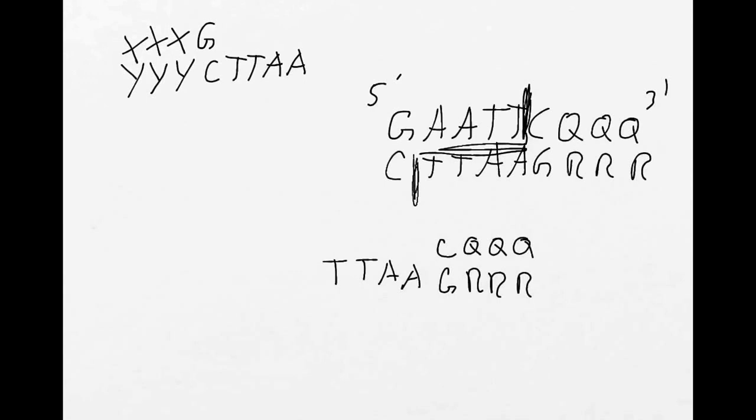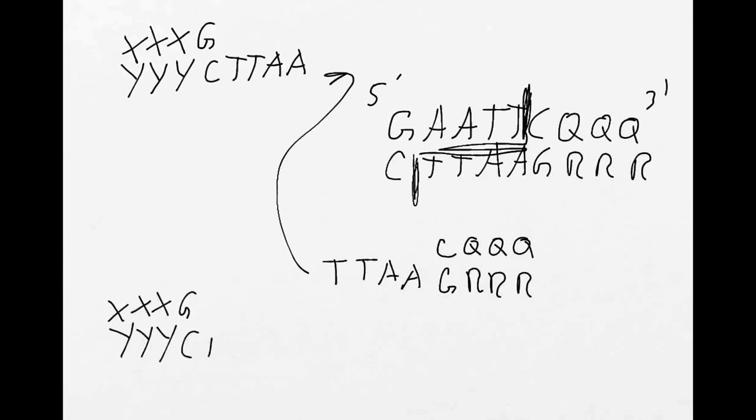Now let's try to match this with this one here. So we would get X, X, X, G, Y, Y, Y, C, T, T, A, A. And now we would need to put this guy in here.